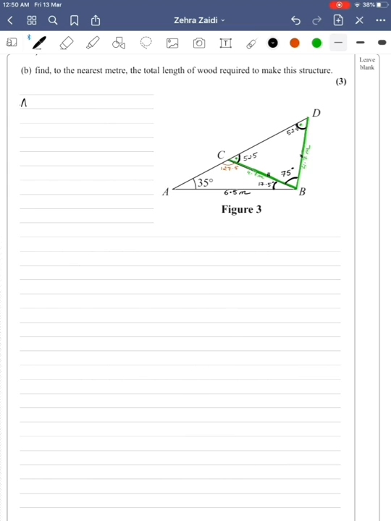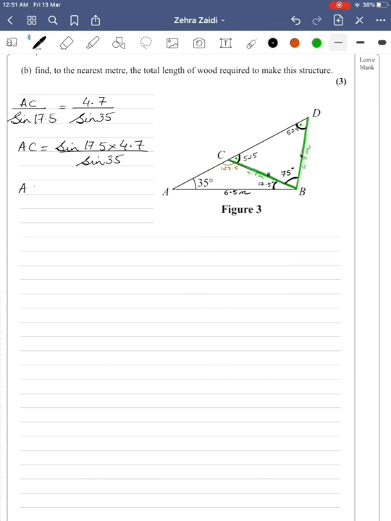So we have AC divided by sine 17.5 is equal to 4.7 divided by sine 35. Therefore, AC is equal to sine 17.5 times 4.7 divided by sine 35.